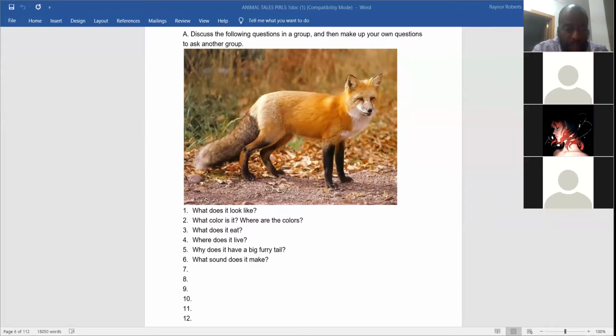And they use their brain to hunt. They use their brain to outfox you. So you hear that expression, he outfoxed me.